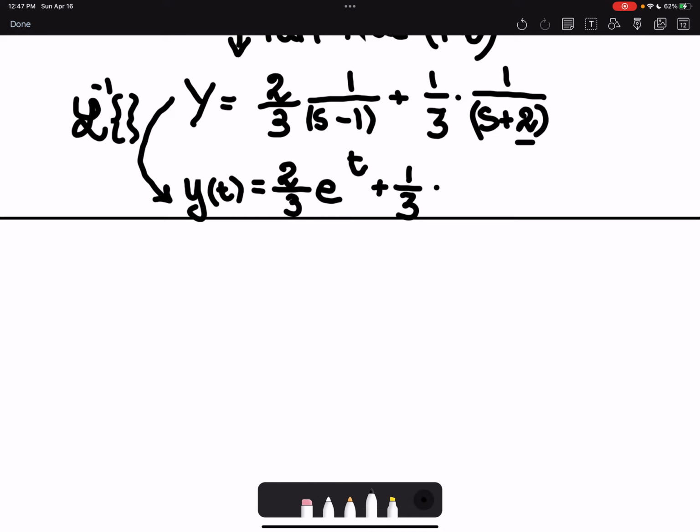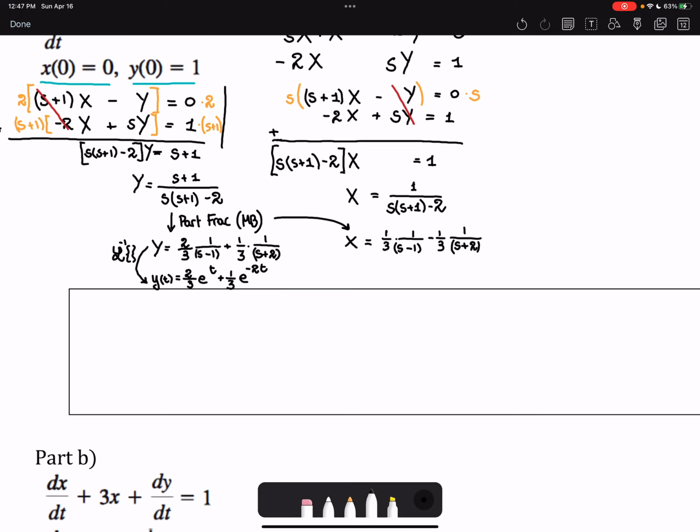Here, since it's S plus 2, it must be S minus negative 2. So if I recognize the pattern, I get this whole thing and put it into the exponent of the e. So that's going to be e to the negative 2 times t. And this is going to be my y.